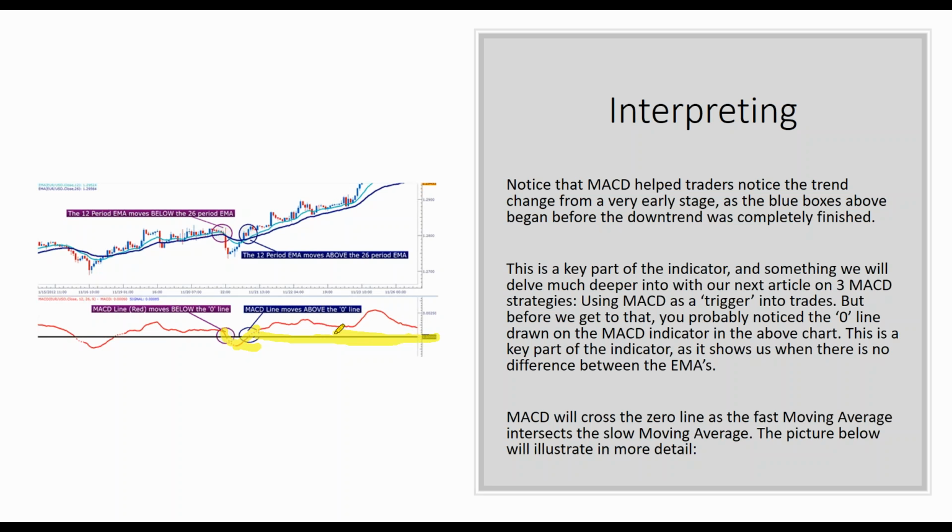There's some point that is 0, because the difference between the 12 and the 26 will move from a positive number to a negative number. This is a key part of the indicator, and sometimes we will delve much deeper into this. But again, these are complex strategies. MACD will cross the 0 line as the faster moving average intersects the slower moving average.